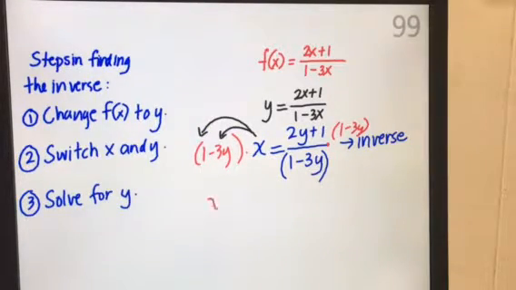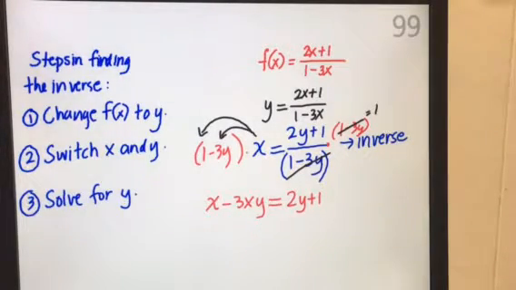So that becomes x minus 3xy equals, on the right side, the 1 minus 3y will be divided out. Dividing that by itself results to 1, which gives us 2y plus 1 left on the right side.